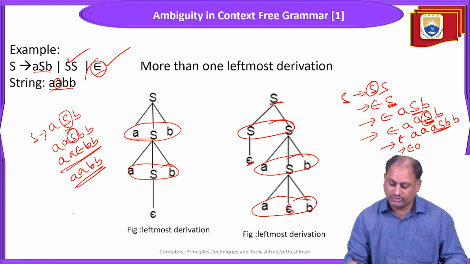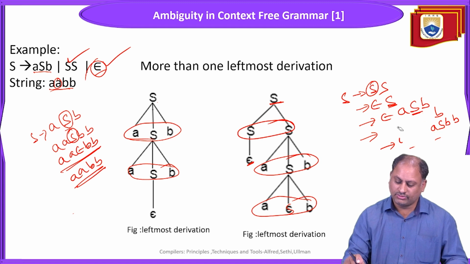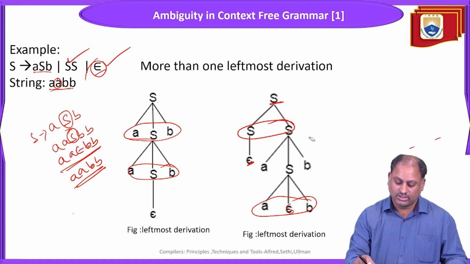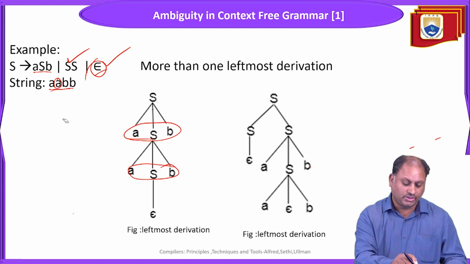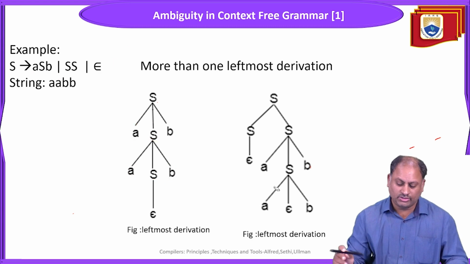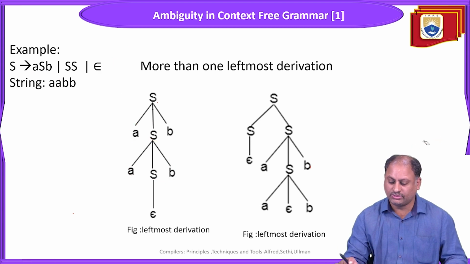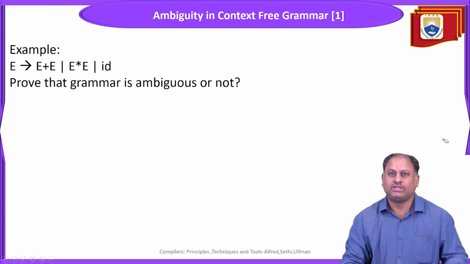And the next derivation, S derives epsilon. So we are going to describe notations such as leftmost derivations with the help of the given input. We are going to verify the string based on the input string only.